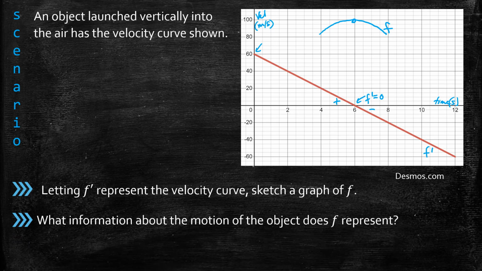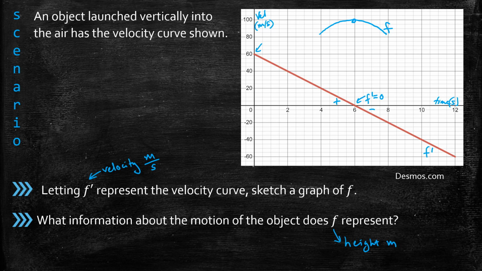But what information about the motion of the object does f give? Well, if f prime is velocity, the rate of change of distance with time, then f must represent the height with units of meters.